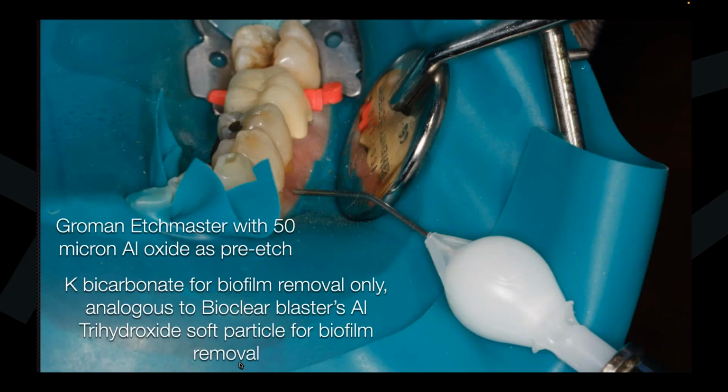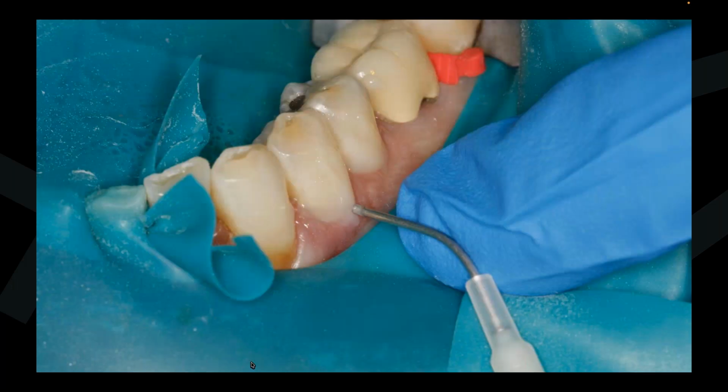Your phosphoric acid will not remove biofilm. So you need to blast it off. You're either going to use the bioblaster with aluminum trihydroxide or potassium carbonate in the micro etcher, or you could use the 50 micron aluminum oxide and pre-etch the enamel.